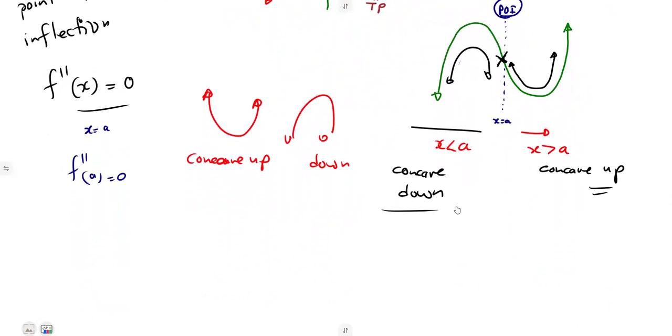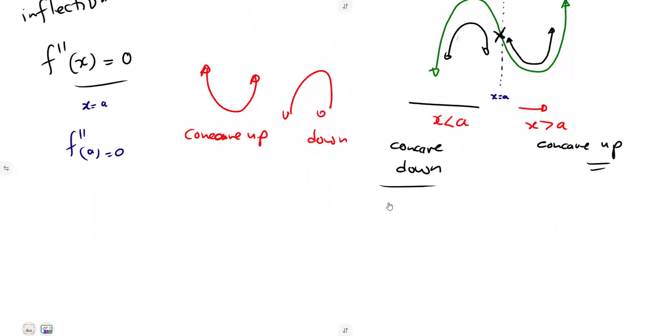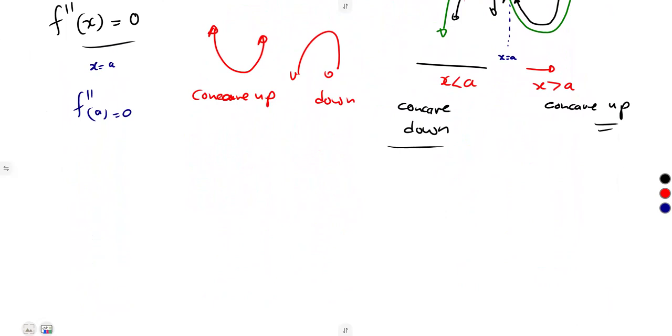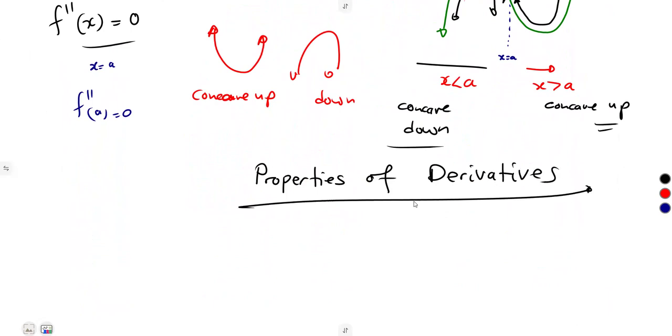We talked about the point of inflection. So let me just write this down. These are properties now of our derivatives, the properties that we can actually get from this information.